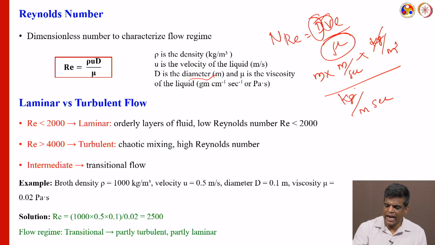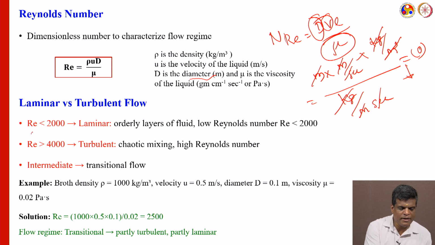So, all units get cancelled here: meter cube, here also one meter, and the second gets cancelled. Finally, it is a dimensionless number; there is no dimension, it is zero dimension, only a number. If some units are there, that is called a dimensional number, but this is a dimensionless number.